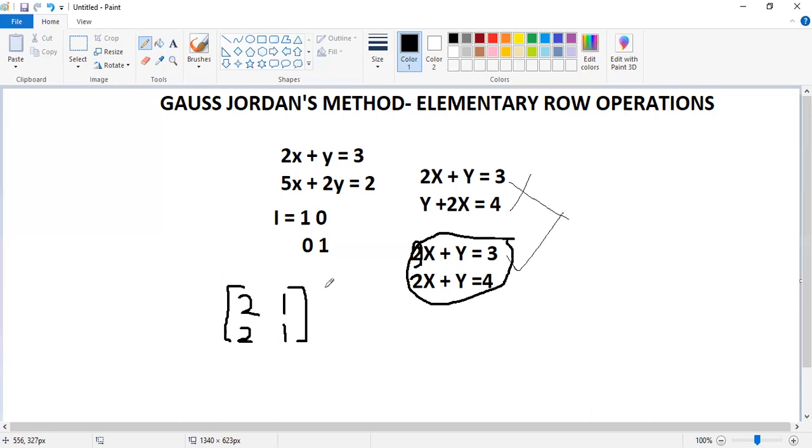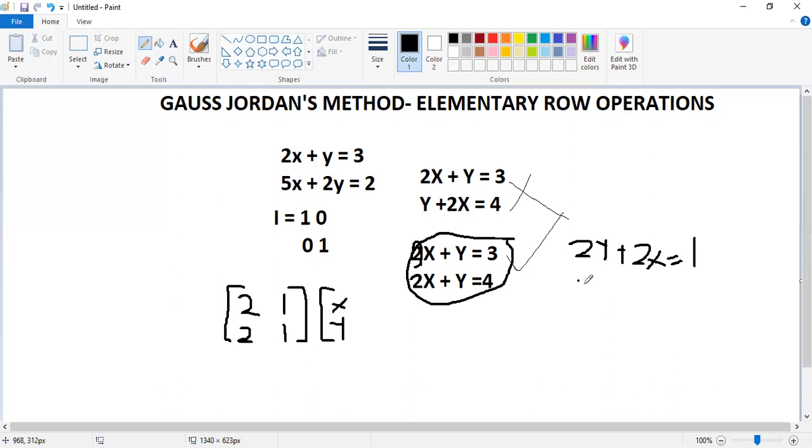Then the next thing is you group the unknowns. This is just x and then y, because x comes before y. Let's say if the equation was 2y plus 2x is equal to 1.